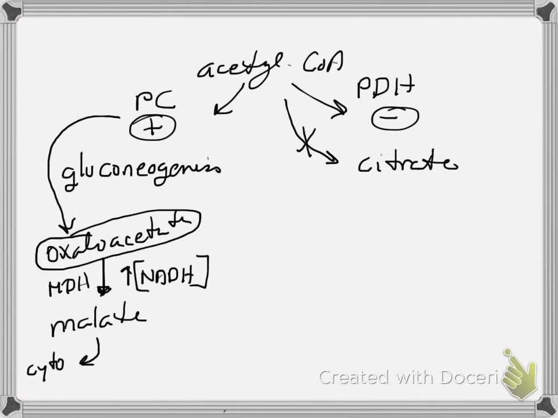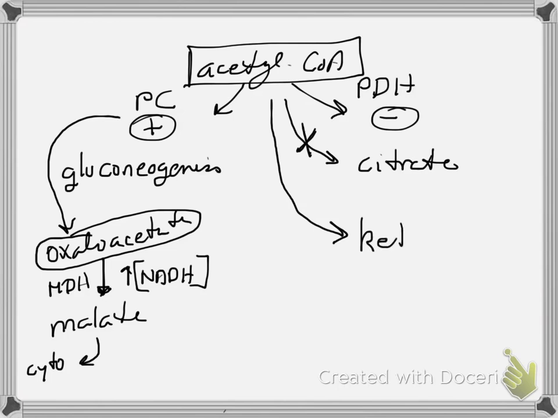Therefore, the concentration of oxaloacetate is going to be near zero under these states, and so there is none available for the condensation reaction with acetyl-CoA. Because the condensation into citrate is blocked, really the only way that acetyl-CoA is going to be transformed is into ketones.